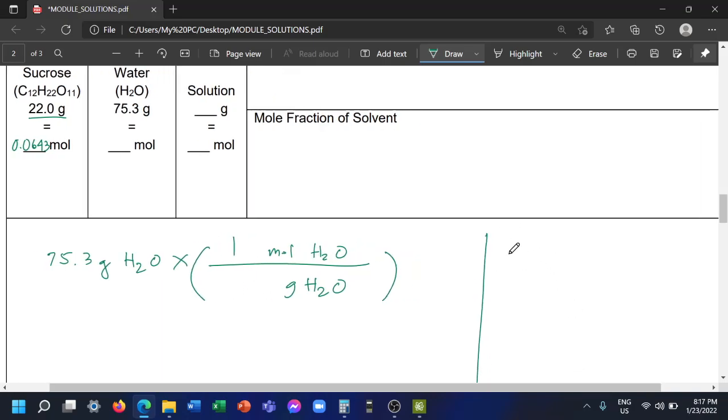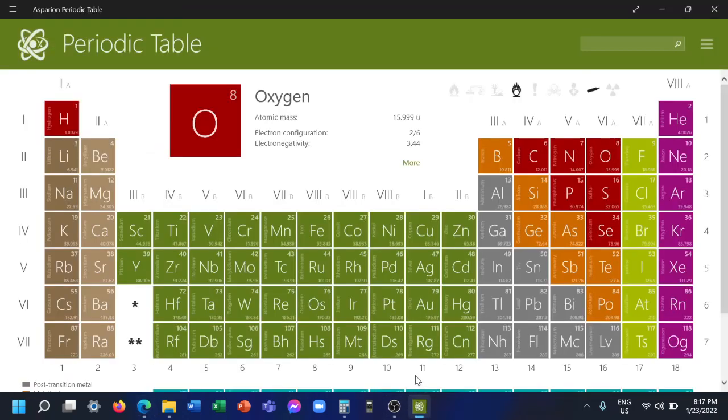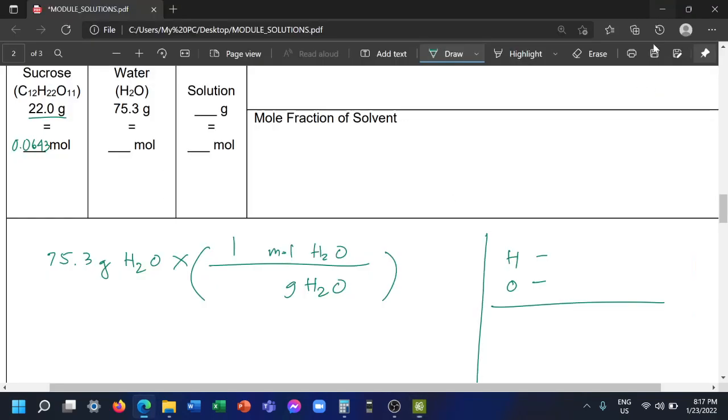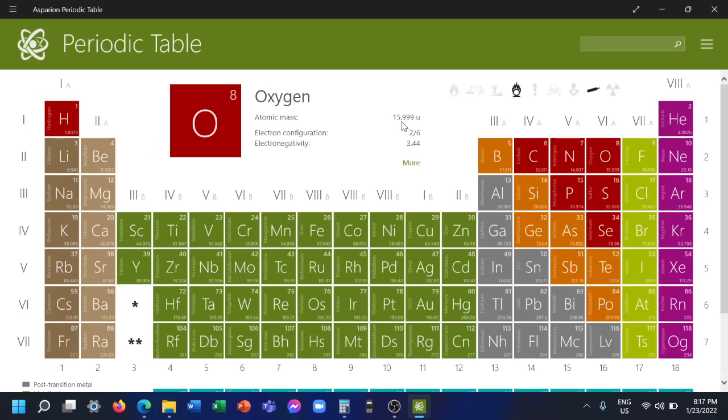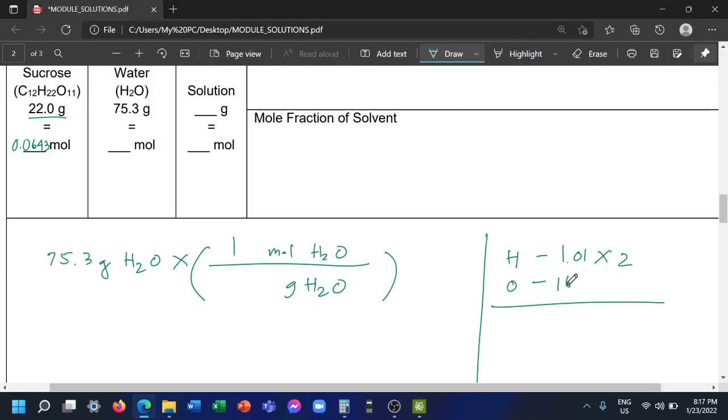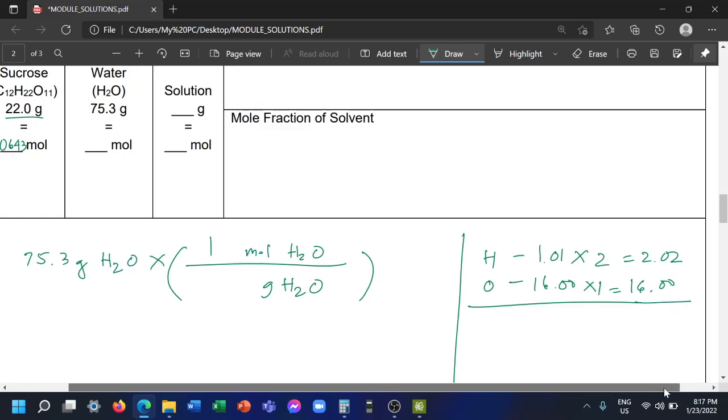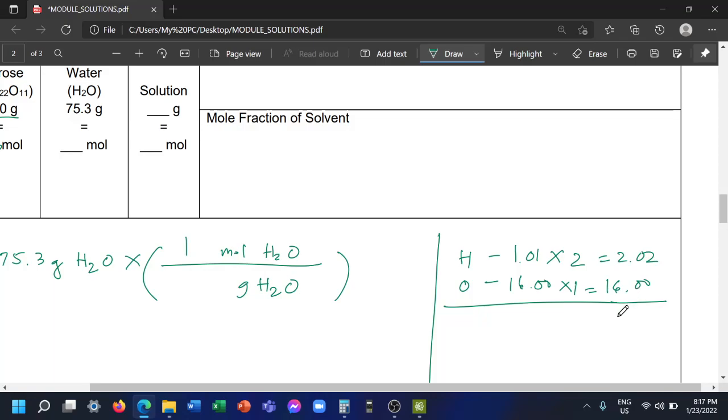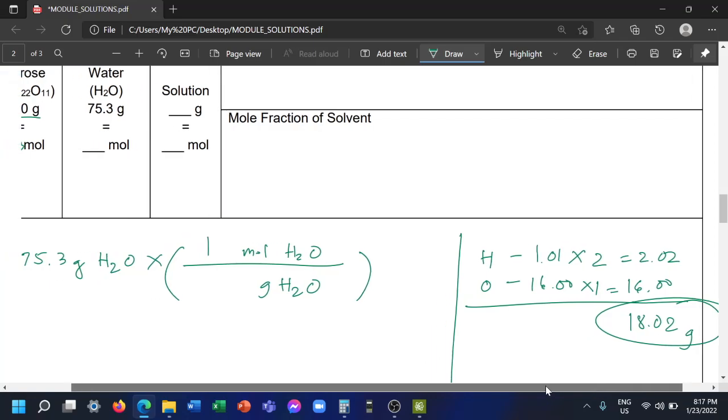We have hydrogen and oxygen. For hydrogen, 1.01 times 2 because it's H2O, which is 2.02. For oxygen, 16.00 rounded, times 1. Then add 2.02 plus 16.00, that's 18.02. This is the molar mass of H2O.